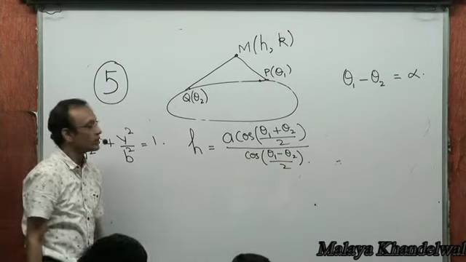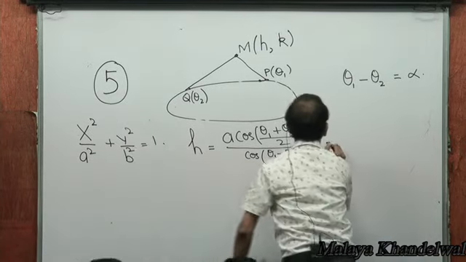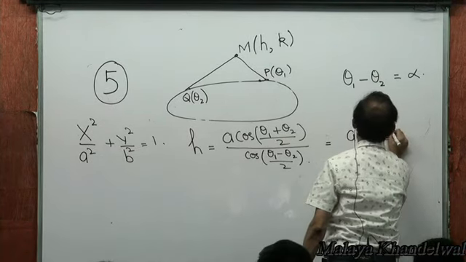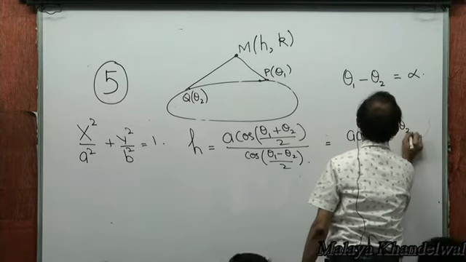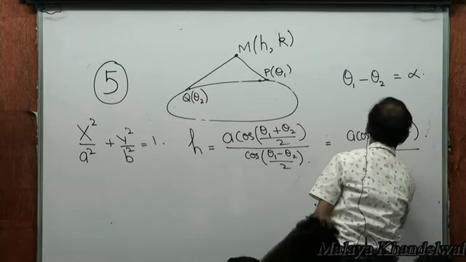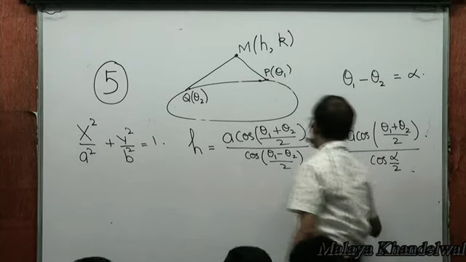But theta 1 minus theta 2 is alpha, so this will become a cos of (theta 1 plus theta 2)/2 by cos alpha by 2. That's h.